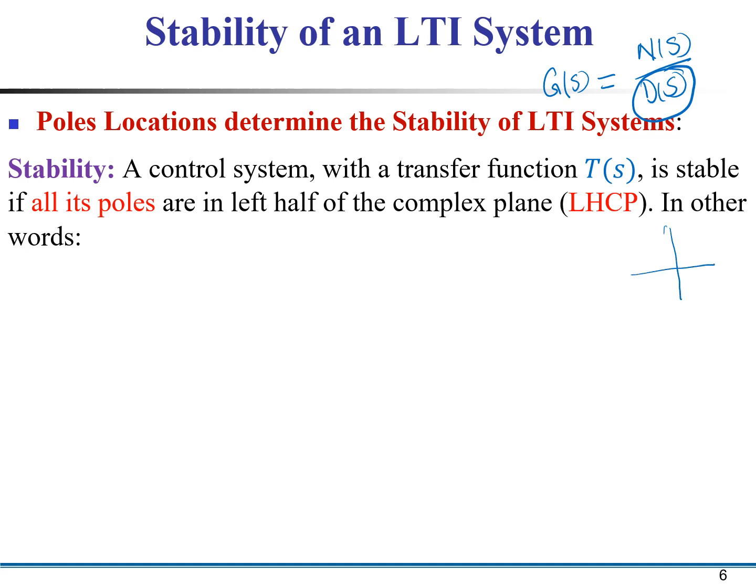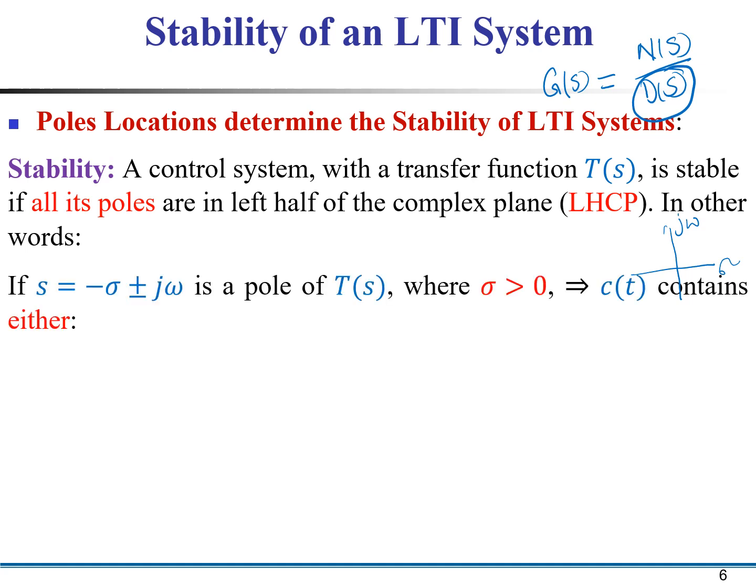It has two parts, the real part and the imaginary part, omega, and normally we will say that s is minus sigma plus or minus j omega. So if the poles of the system are in this area to the left side of the complex plane, we say the system is stable. And the reason I will explain in a few minutes.